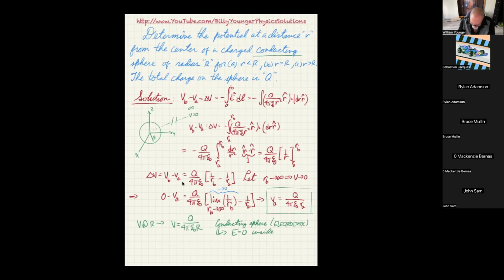That implies E equals 0 inside. So if I want V at r greater than R, then V at r greater than R is just equal to Q over 4 pi epsilon naught r. That is what I called the answer to part C. Actually, let me change colors.